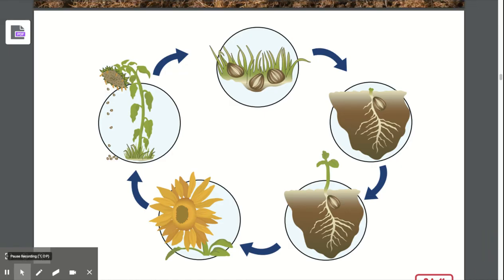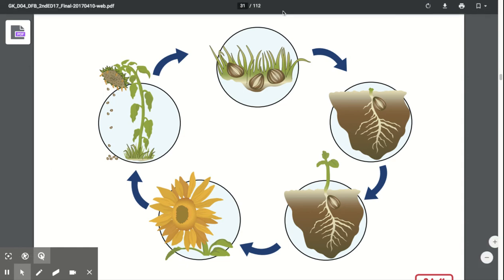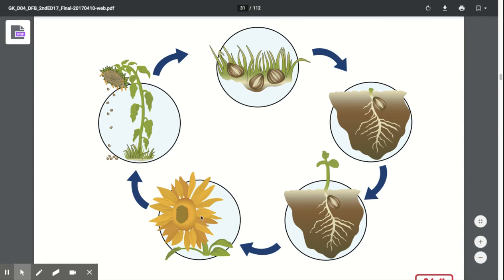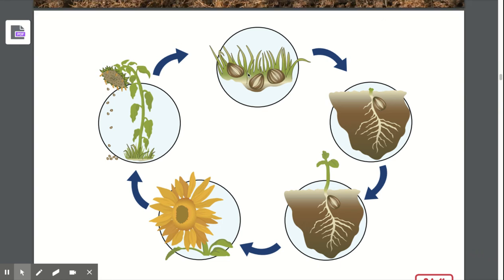As we have seen, all plants live according to a life cycle. This diagram shows the life cycle of the sunflower. A new plant begins when the sunflower seed germinates and sprouts to become a seedling.